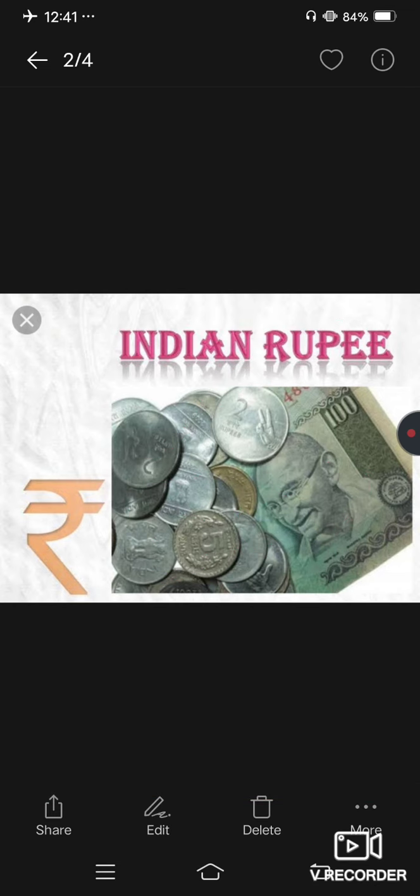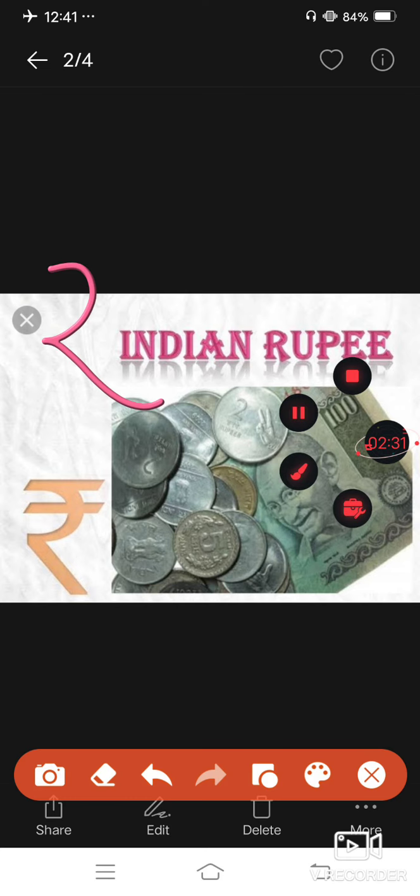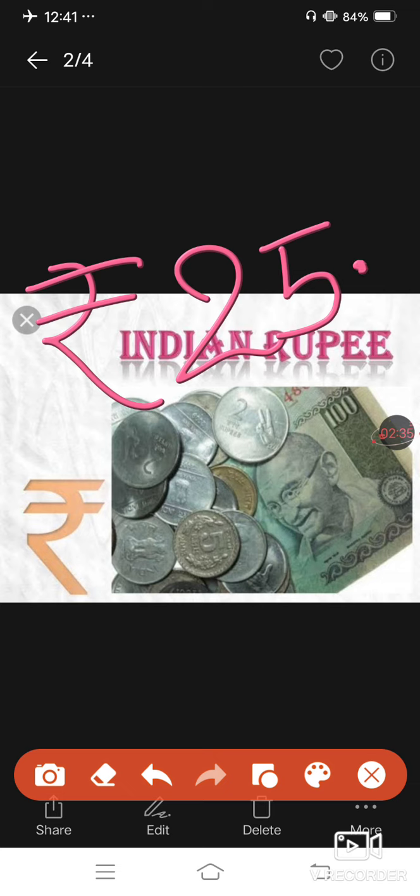We show the rupees and paise together by separating them by a dot called point. Just like rupees 25 and 50 paise. So we just write this: rupees 25.50.